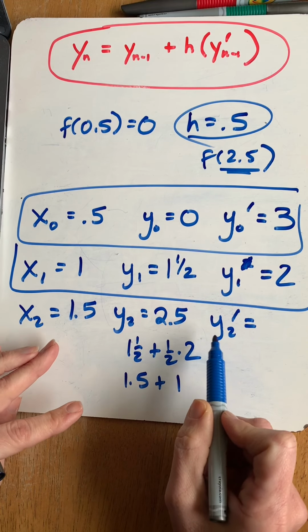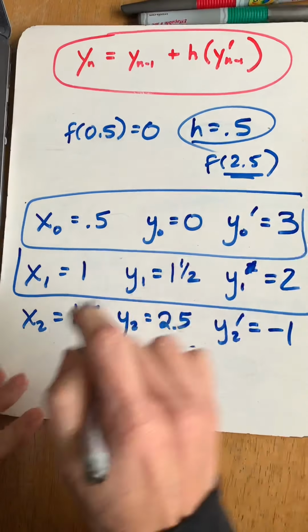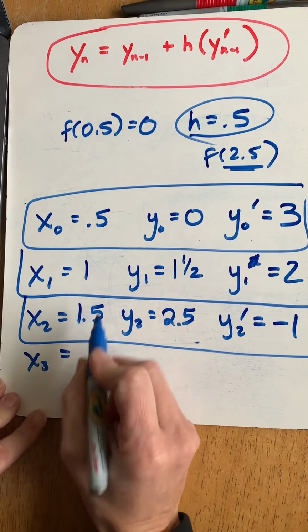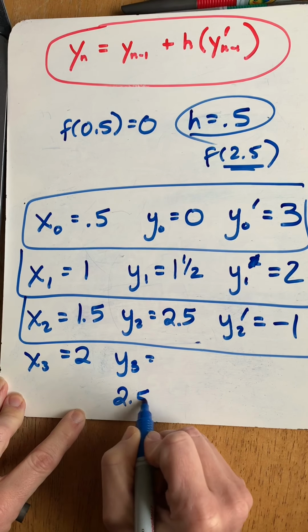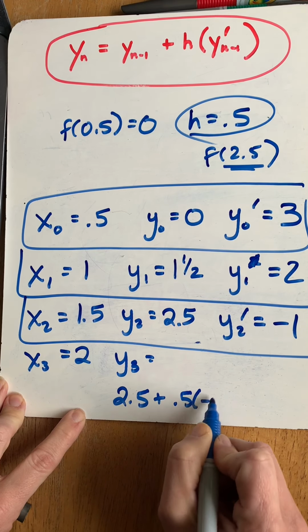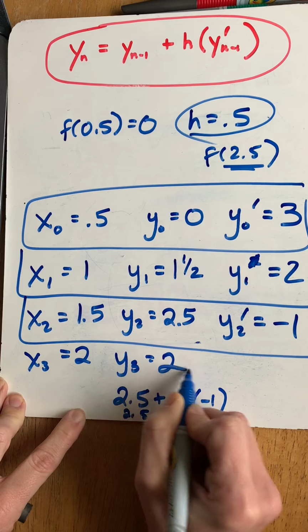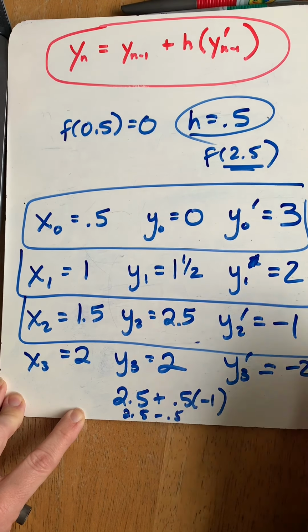The derivative when x is 1.5 is negative 1. Next step. Next x is 2. Next y is 2.5 plus 0.5 times negative 1, so 2.5 minus 0.5, so 2. And my next derivative, go to the chart, is negative 2.